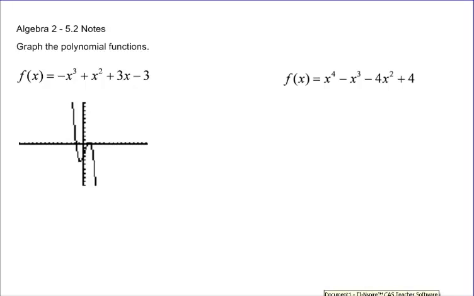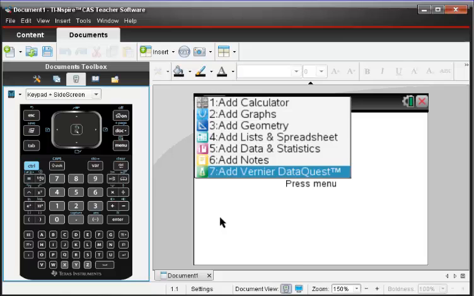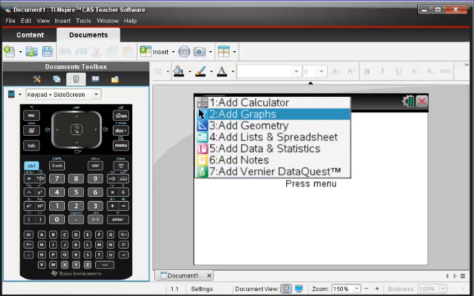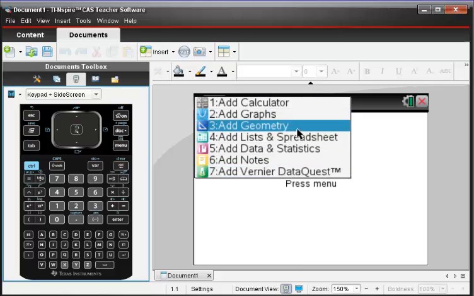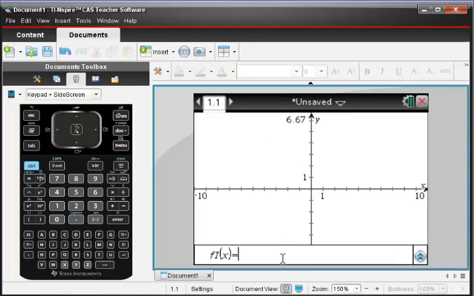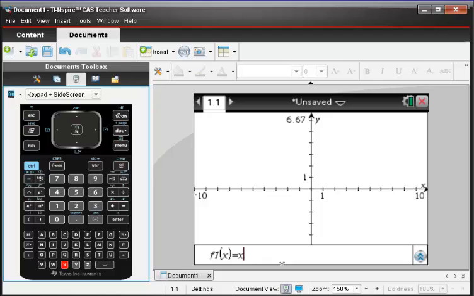If I'm going to graph an equation on the Inspire, then what I'm going to do is I'm going to open up a new document and choose a graph. And it automatically prompts me to put in an equation. So I'm just going to type in x to the 4th minus x cubed minus 4x squared.